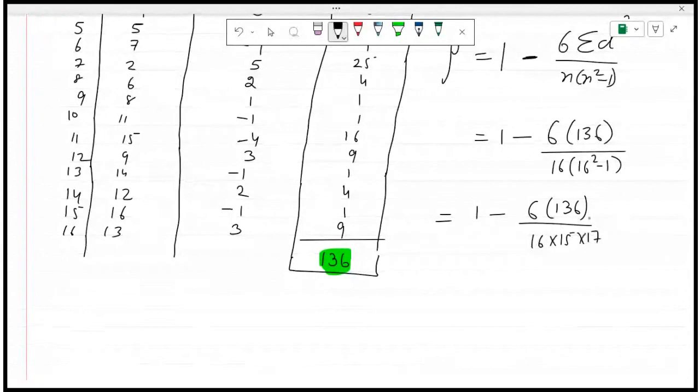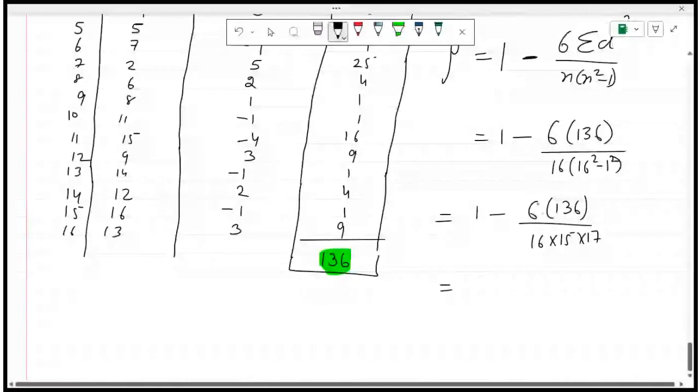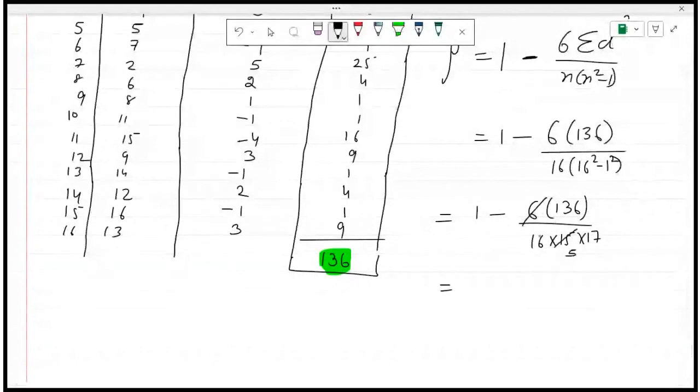You can directly open the square of 16 and then subtract 1, but I prefer to use this. I have written 16 square minus 1 as 16 square minus 1 square, so a square minus b square: 16 plus 1, 16 minus 1. 16 minus 1 is 15, 16 plus 1 is 17. Now let us see what is going to be cancelled here. 5 in the table of 3 is 2, and this 8.